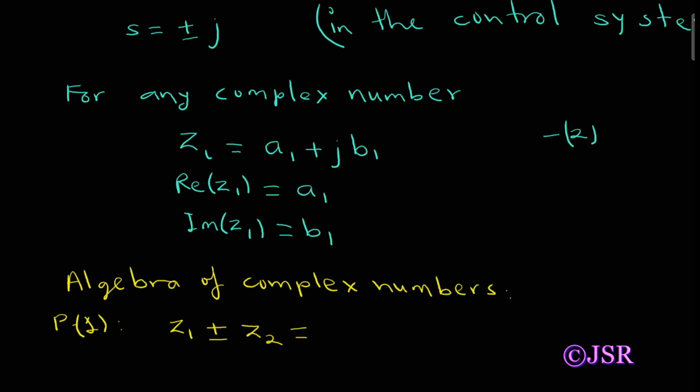The addition and subtraction of two complex numbers can be denoted as a1 plus j b1 plus minus a2 plus j b2.